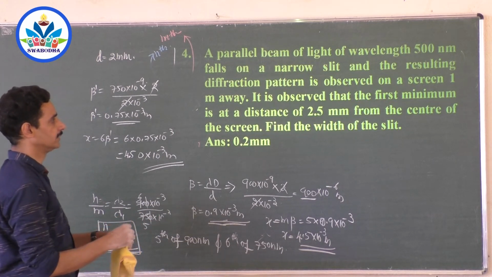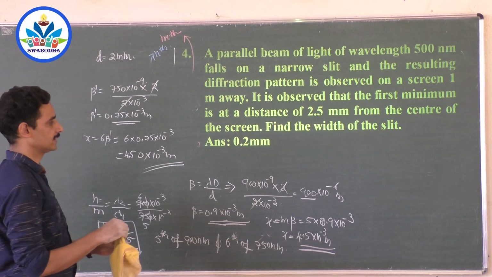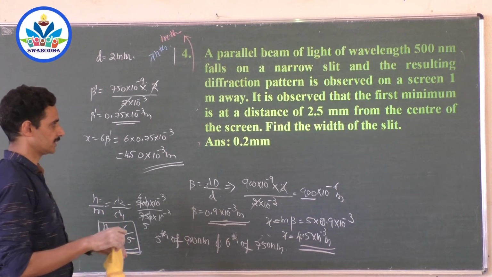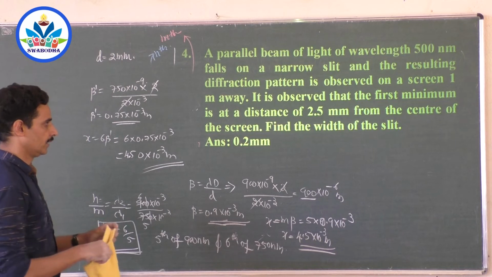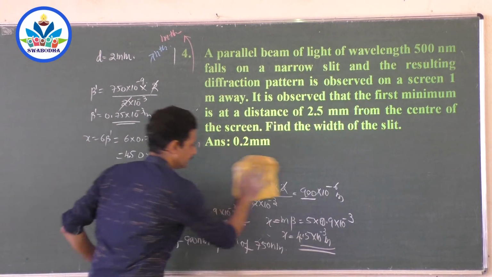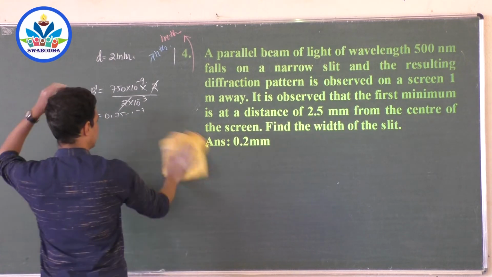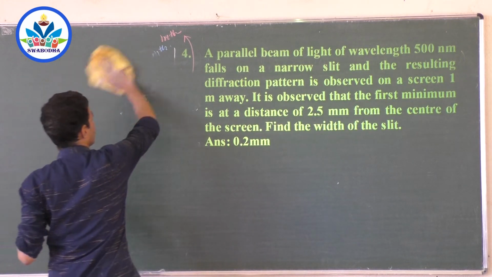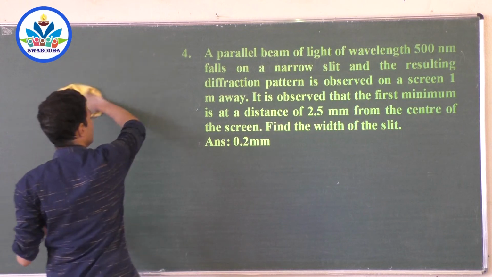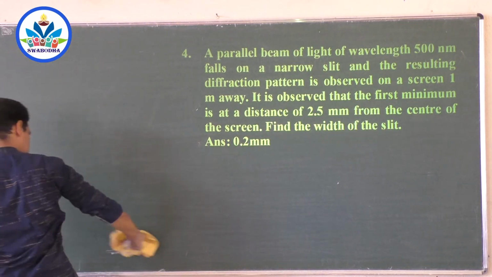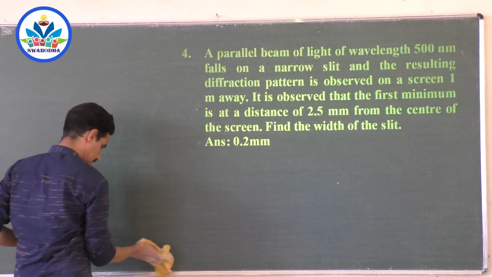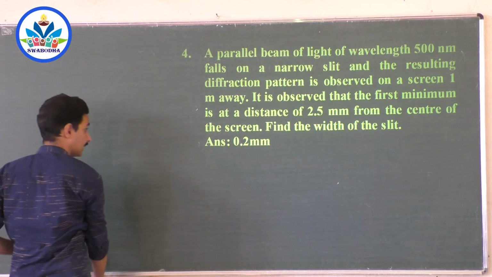It is observed that the first minimum is at a distance of 2.5 millimeter from the center of the screen. Find the width of the slit. Of course, this is in the sheet or PDF that I have sent already. It is in your WhatsApp message. You can download it.